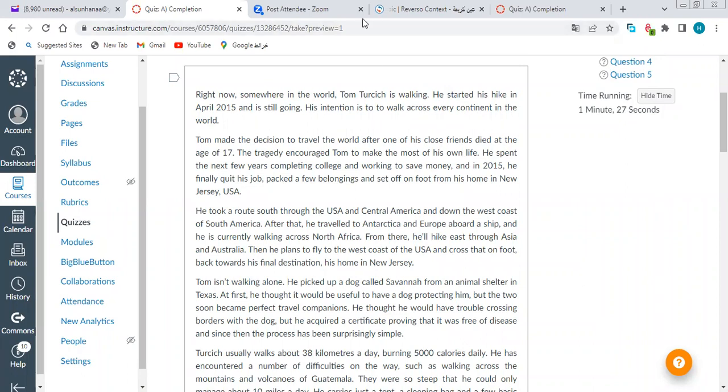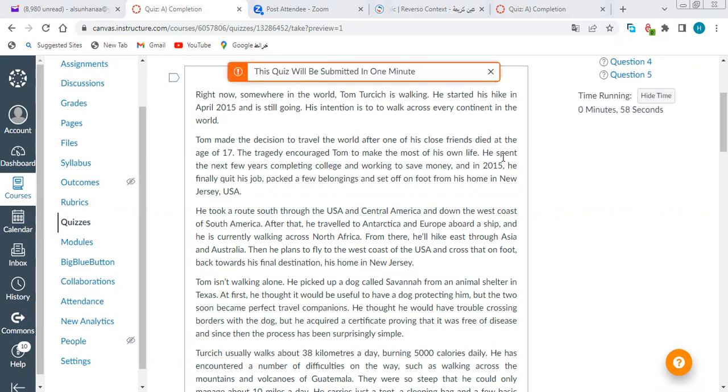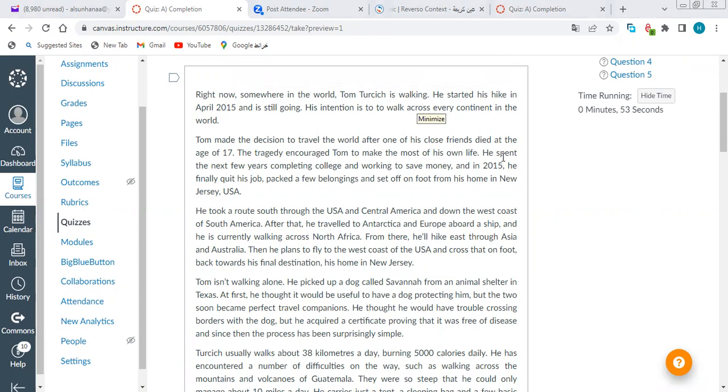Show. Does anyone know, guys? Has anyone reached the answer? No, the keyword is not hiked here.